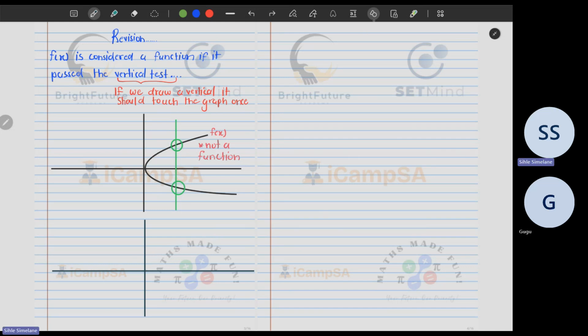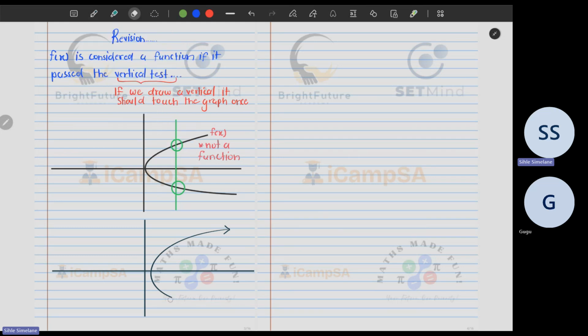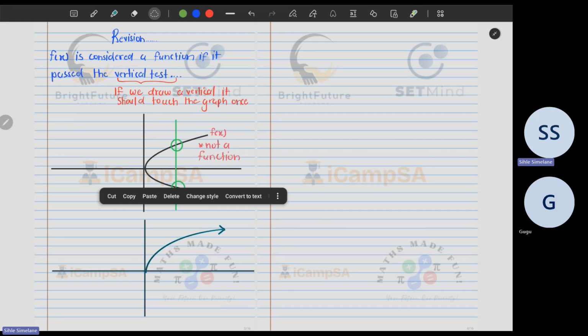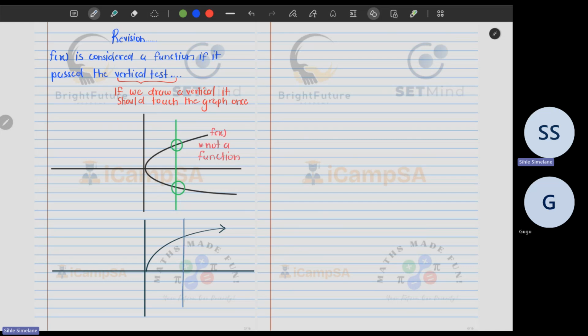So we restrict, let's say, our parabola, which would have been like this, such that we only have the upper part, meaning the bottom part here is erased. And then we are only left with the top part. This here becomes a function, because if you do a vertical line, you will see that our vertical line only touches our graph at 1 point.